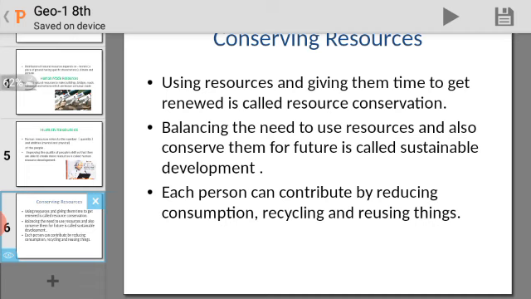And reusing things. Once again, the best example is the plastic cover. Due to plastic covers, our environment is spoiling a lot and we are losing many of the resources. So the plastic cover is the best example.